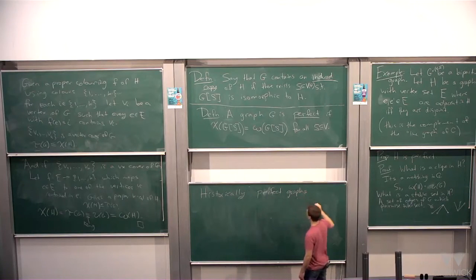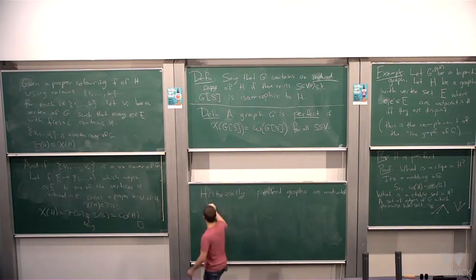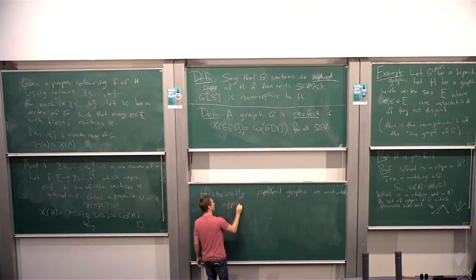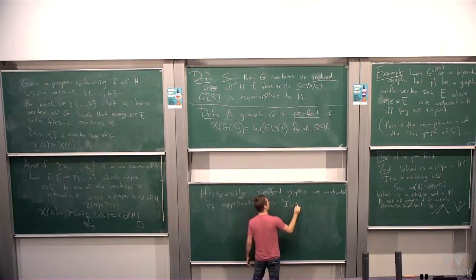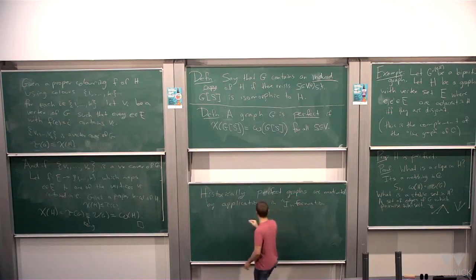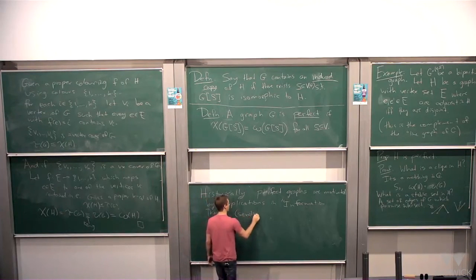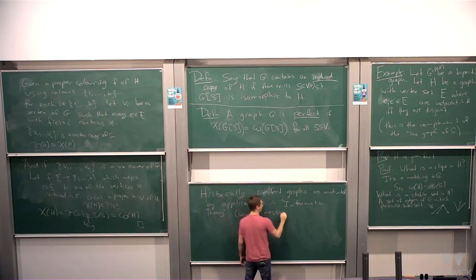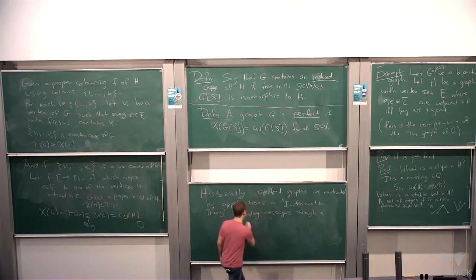So perfect graphs are motivated by applications in information theory, so there are some applications to sending messages through a noisy channel.